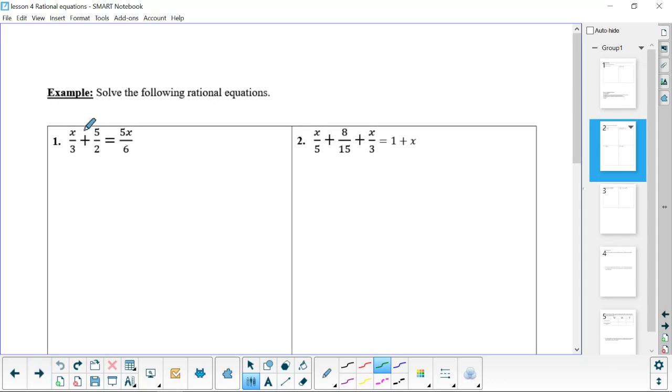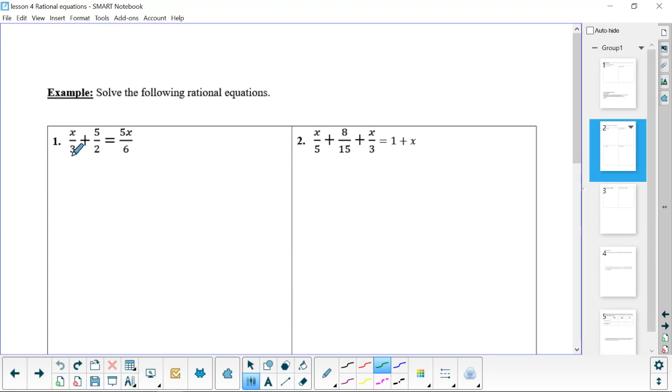Question 1 is x divided by 3 plus 5 divided by 2 is equal to 5x divided by 6. You can see that there are two rational expressions on the left side of the equal to sign. We're going to combine these two into one rational expression and then solve for x. To do that, we need the same denominator.